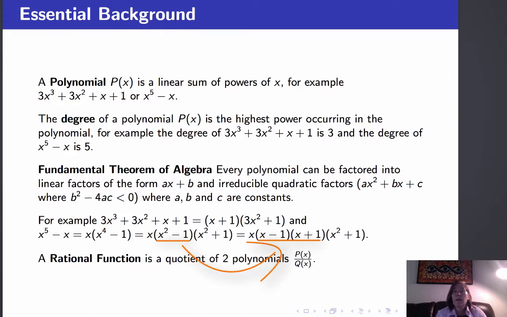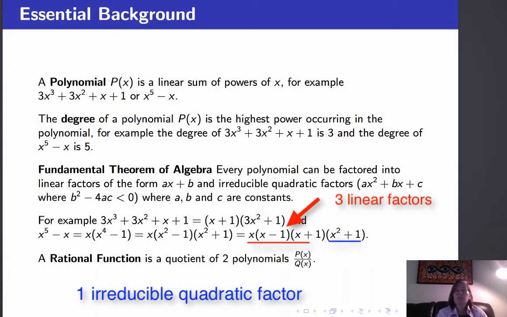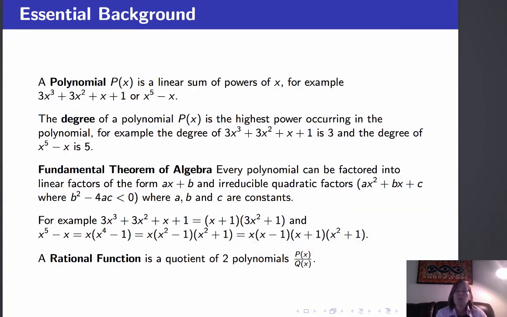Again, x squared minus 1 can be factored into x minus 1 times x plus 1, and the x squared plus 1 is irreducible. It cannot be factored using real coefficients any further. The a is 1, the c is 1, and the b is 0, so b squared minus 4ac is minus 4, which is less than 0.